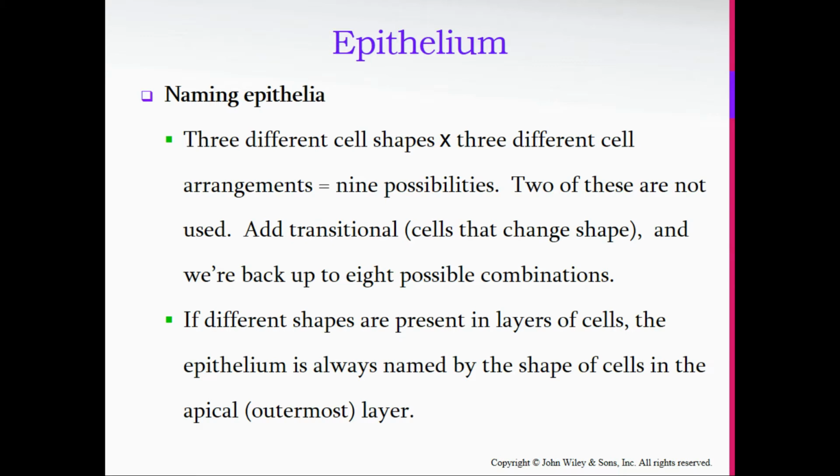There are multiple layers of cells, and if you go all the way down through all the layers of your epidermis, which is the outer portion of your skin, from the outside to the basement membrane, they get shorter and fatter, and they almost take on a cuboidal shape down at the bottom where they're actually going through cell division. But since they're flat out at the outer surface, then that layer would be referred to as stratified squamous. Okay.